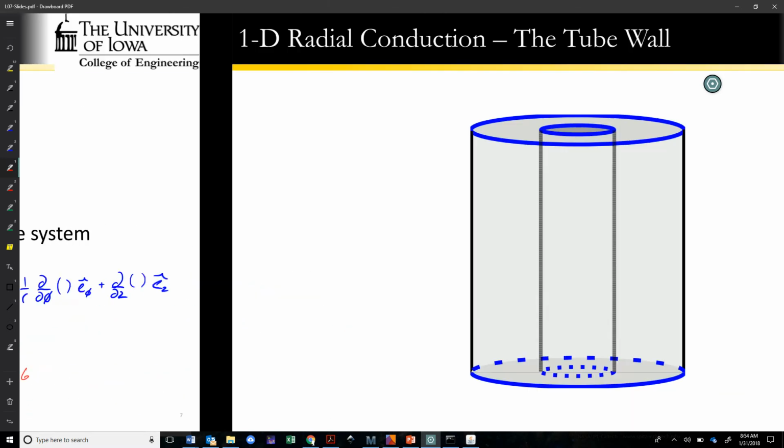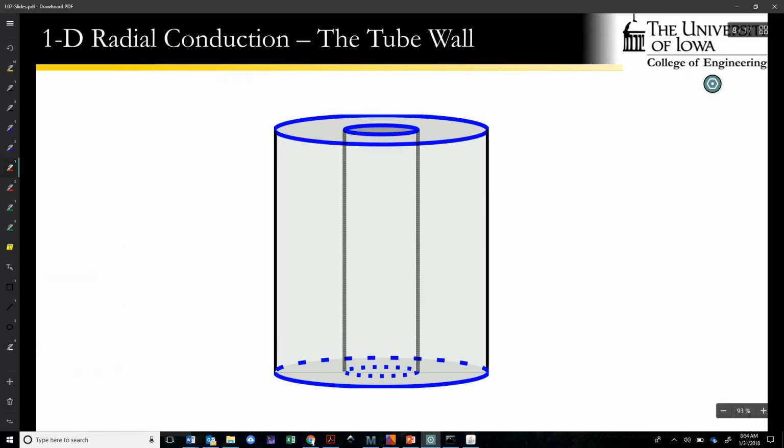So here's the classic solution for these radial coordinates. This is analogous to what we were doing before with the plane wall. But instead, we're imagining that that wall has been wrapped around so that it's now a cylindrical shape that has some inner radius r1, some outer radius r2.